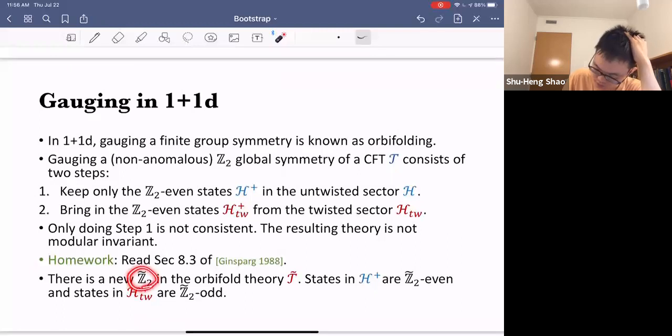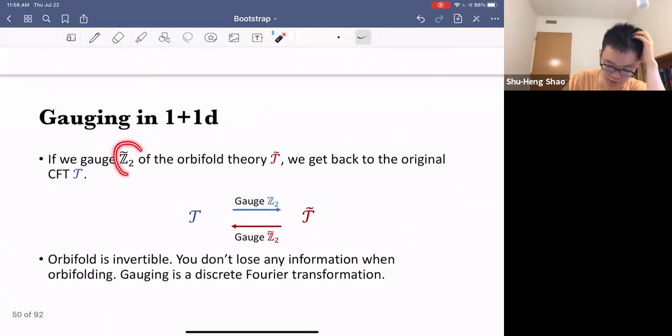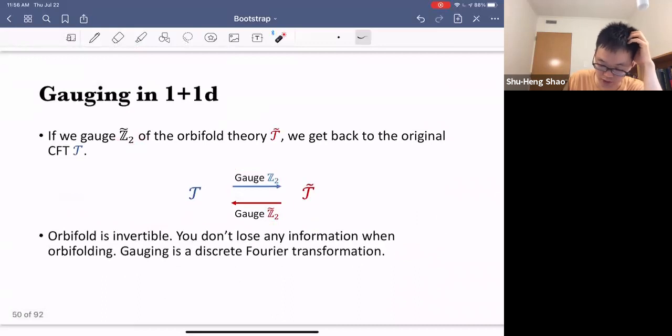This new Z2 is defined the following way. The new CFT has two sectors, the H plus and the H plus twisted. The states in the untwisted sector are Z2 tilde even, and the states in the twisted sector are Z2 tilde odd. The important thing about this quantum symmetry is that you can then gauge this Z2 tilde in the orbifold theory to go back to your original theory.